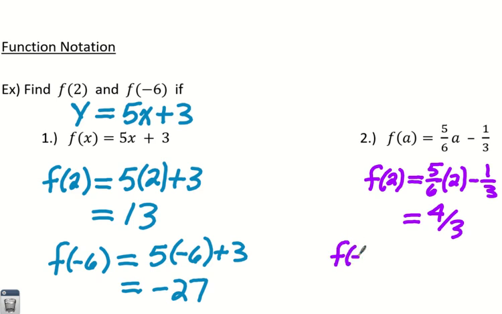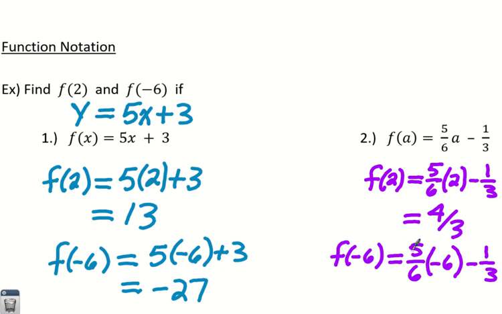f of negative 6 is going to be 5/6 times negative 6 minus 1/3. So these cancel, and the negative stays.